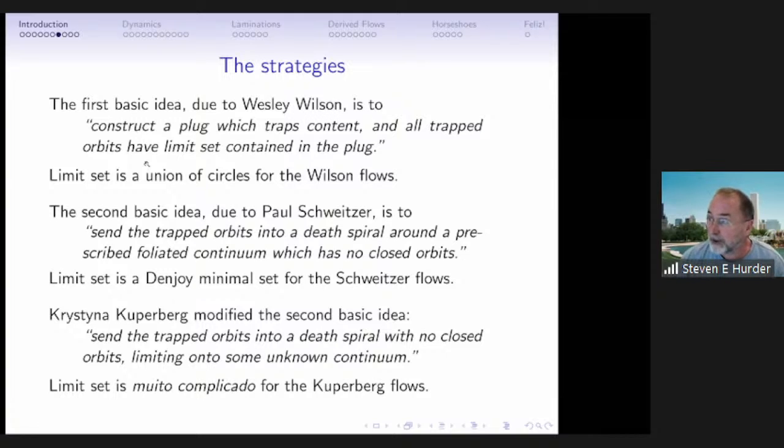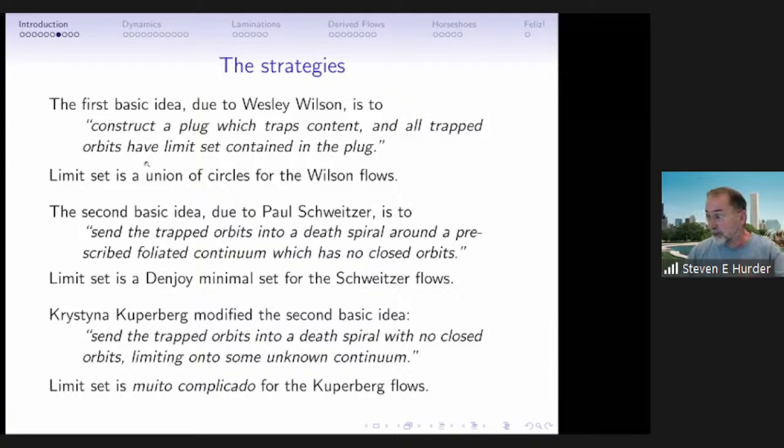So the summary was Wilson had the idea to trap the flow and send it all spinning around circles. Paul had the idea to trap the flow in a little dramatic death spiral into a continuum, which is the Daljois minimal set.